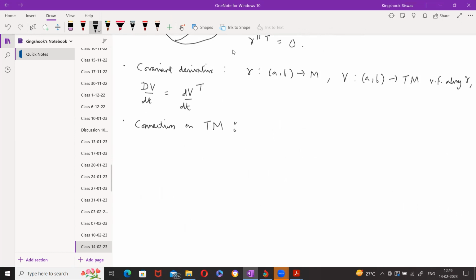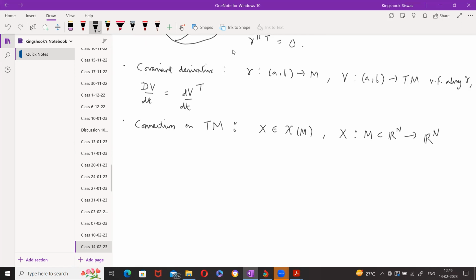So if I have a vector field, say X is a vector field on M, then I can think of X as a map from my manifold sitting inside Rn. I can think of it as a map taking values in Rn.